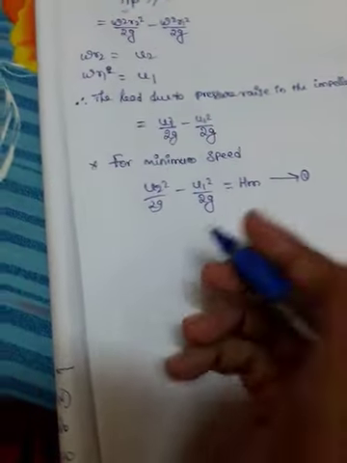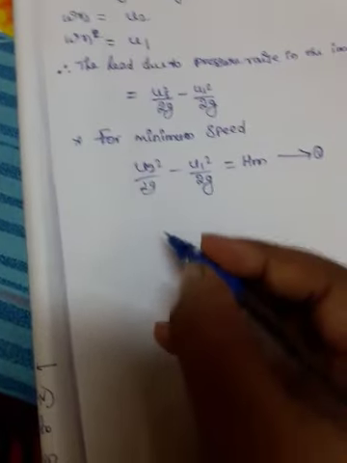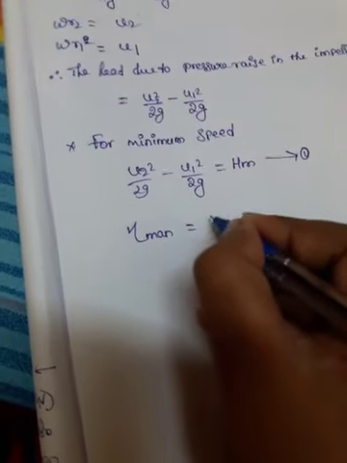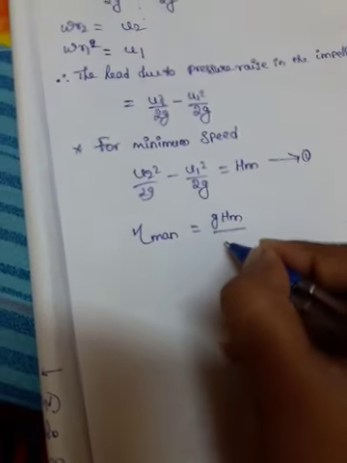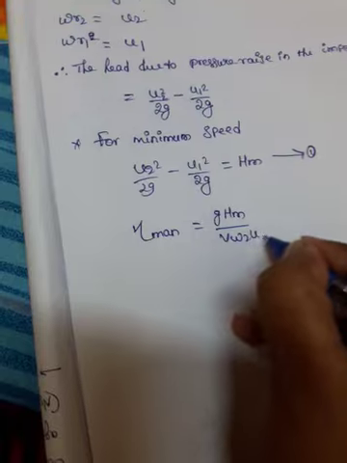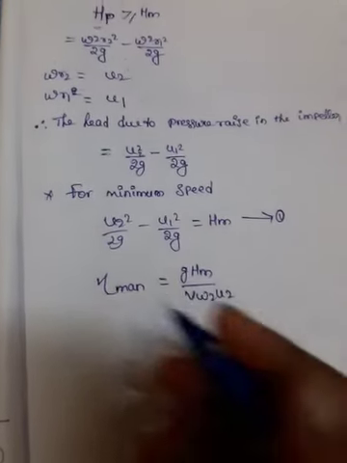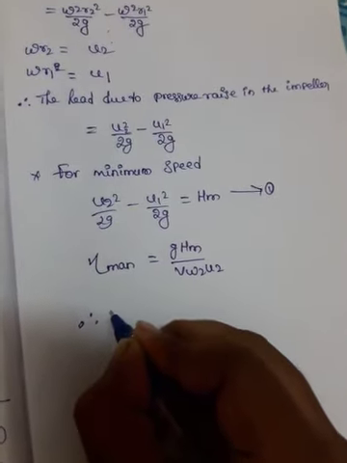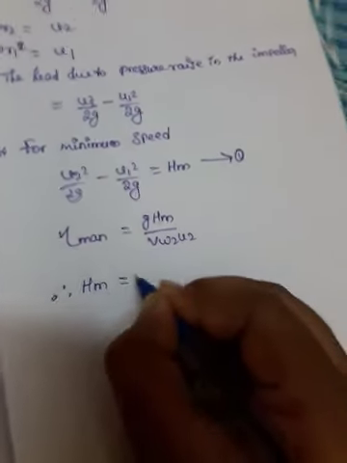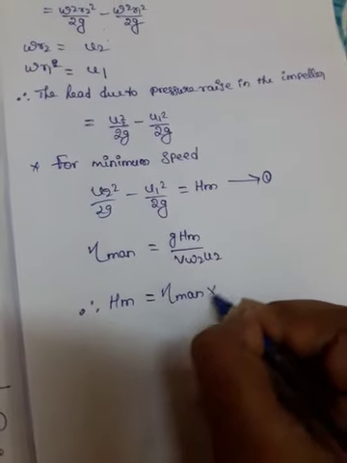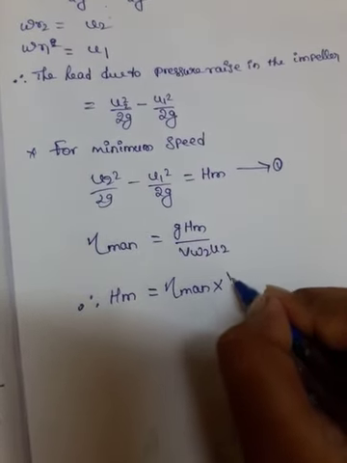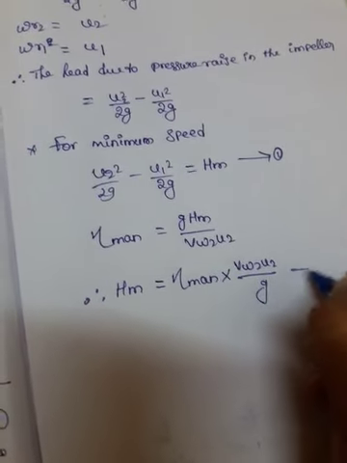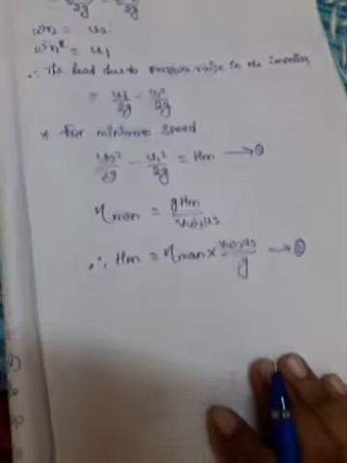We know that the manometric efficiency eta MAN equals g HM by Vw2 u2. So coming to the next step, therefore HM equals eta MAN into Vw2 u2 by g. This is equation number 2.